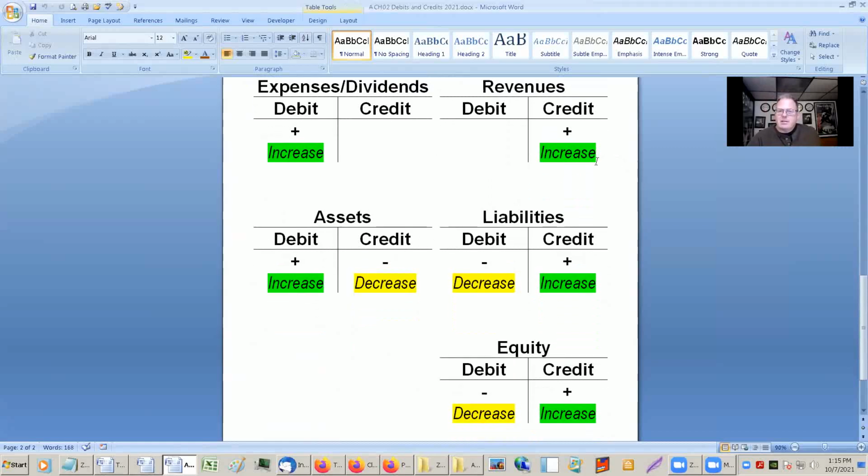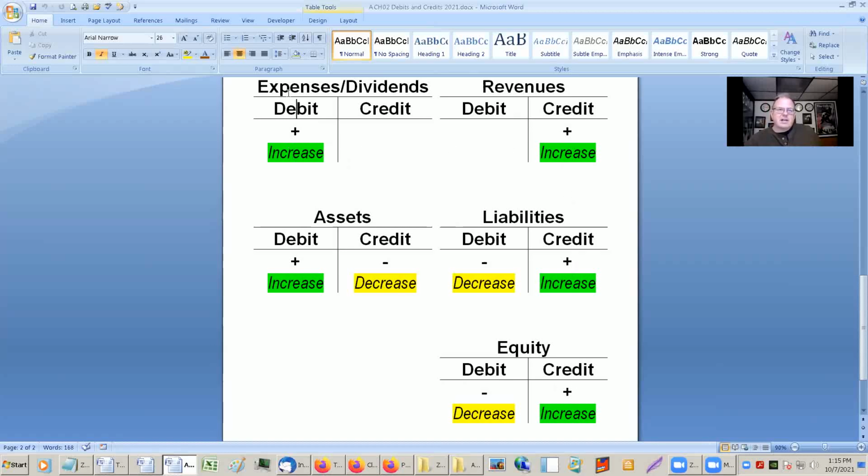Especially in some of these chapters, I ask you what the normal balance is in an account. And the normal balance is generally going to be whatever has a plus by it. For a contra account, it's a little bit different. But whatever has a plus by it will be the normal balance.